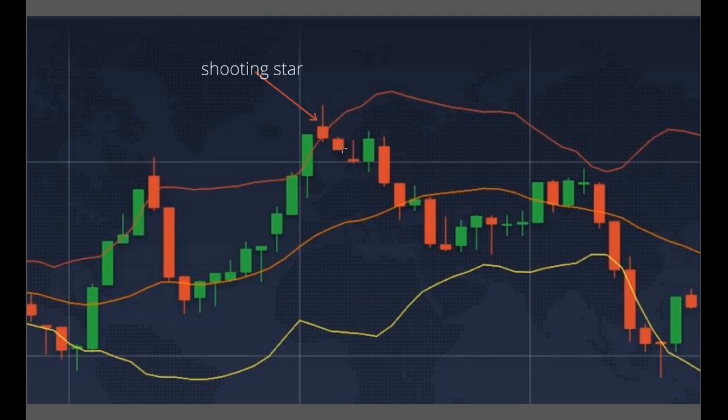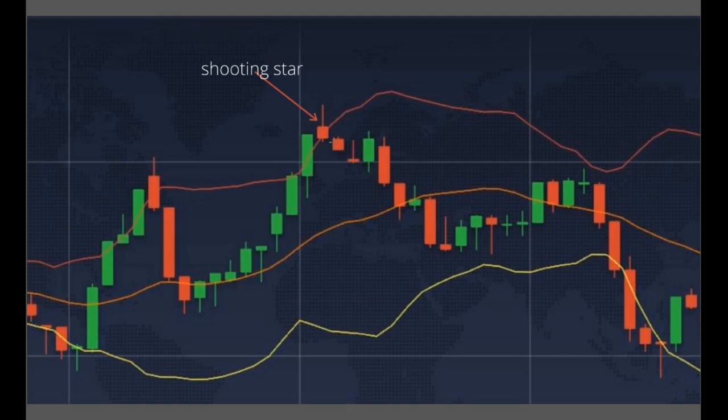The wick of a shooting star is facing the direction of the previous trend, not the direction of the proposed reversal or the new trend.